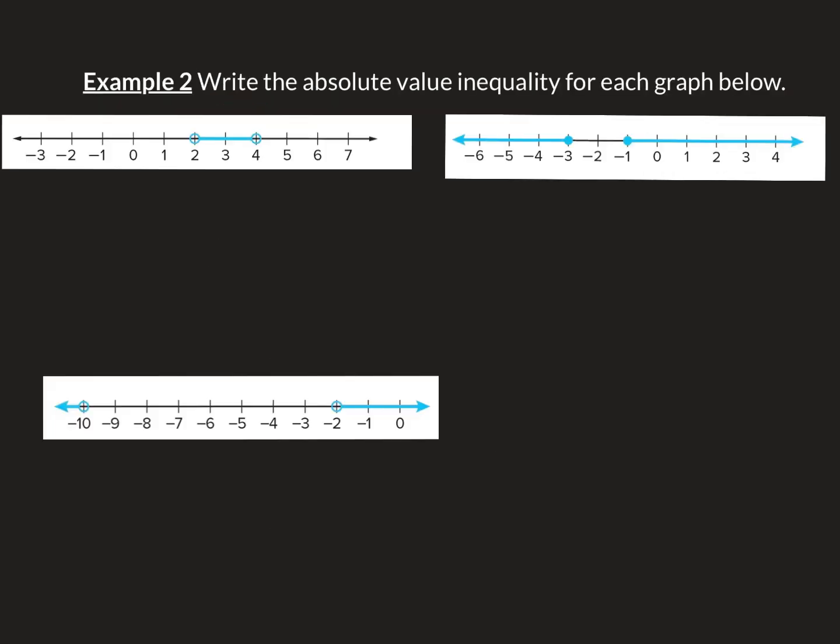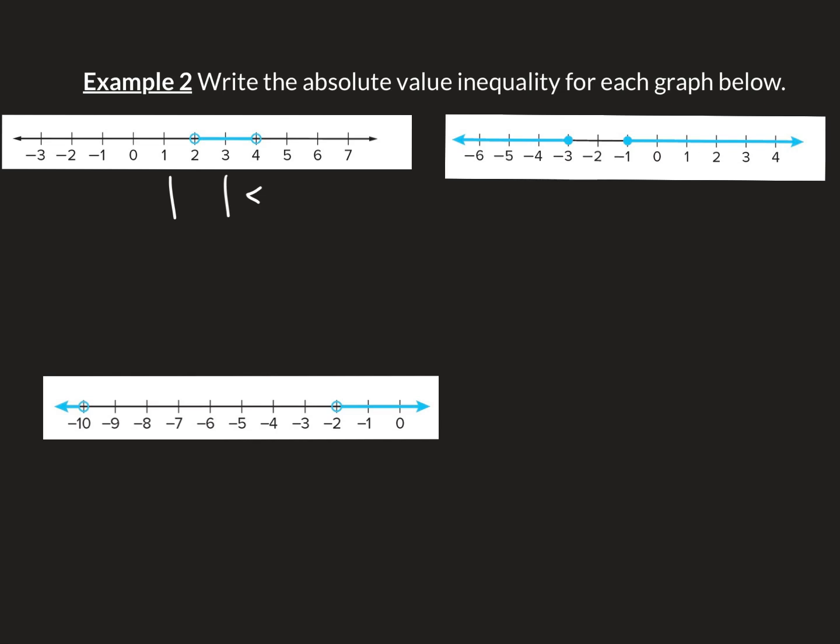And next, write the absolute value inequality for each graph below. Okay. Remember this is an and, and those are open circles, so I know I'm going to have less than. The number in the middle, what is the number in the middle here? 3.